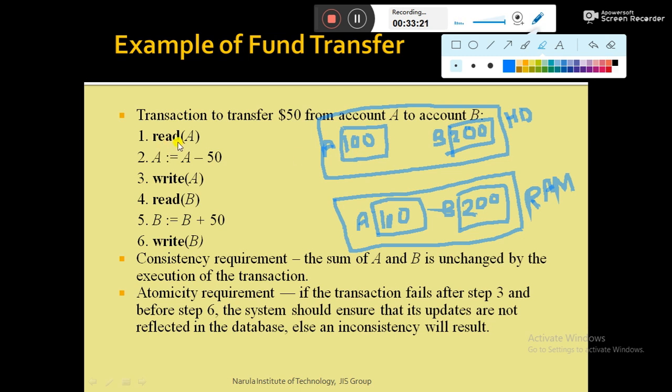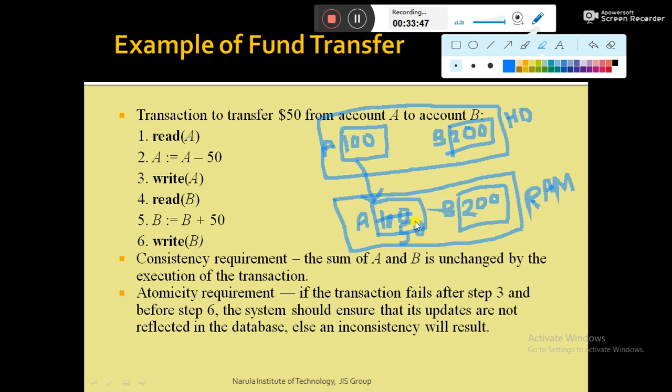So first we have to perform the read A operation. The read A operation means the value of A is copied from the hard disk to RAM. Then we have to perform A equals A minus 50. 50 rupees is deducted. All the modifications will be performed in the RAM. So what will be the value? It becomes 50.